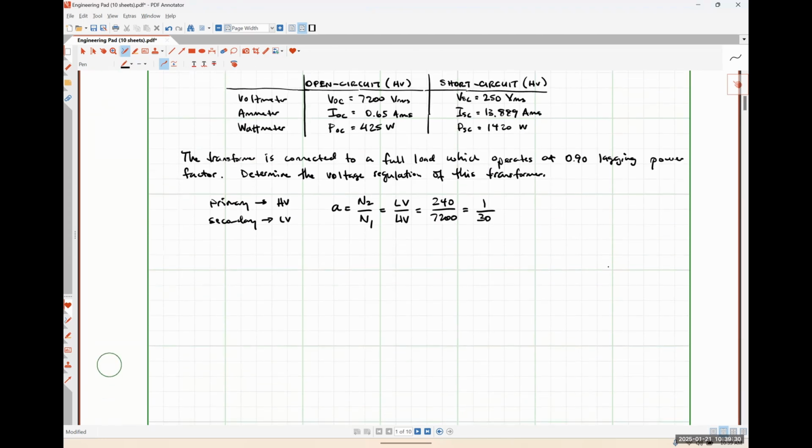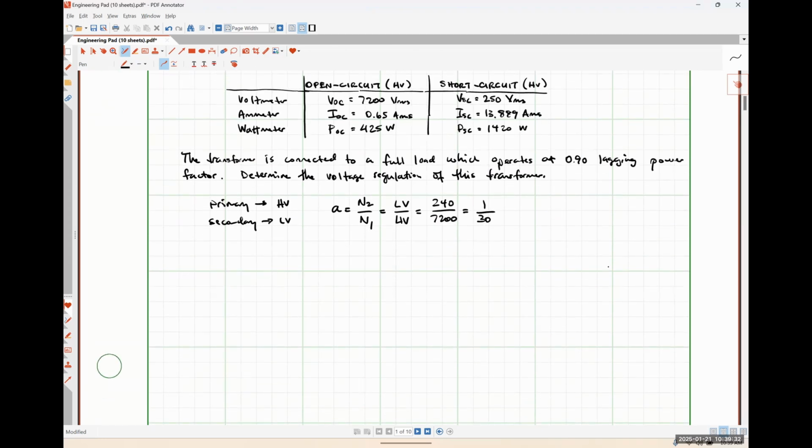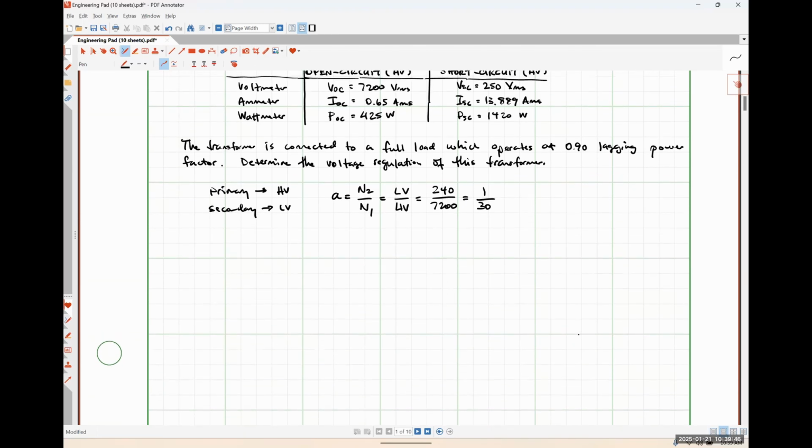Okay, so now let's go through and figure out all of the equivalent circuit parameters for our cantilever model. And this is going to be with everything on the high voltage side, right? So we would have our core resistance on the high voltage side is going to be the ratio of the open circuit voltage squared divided by our open circuit power.